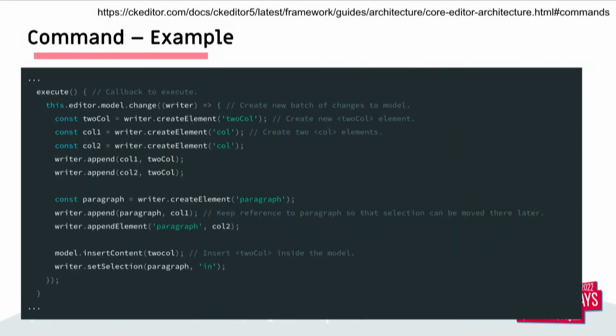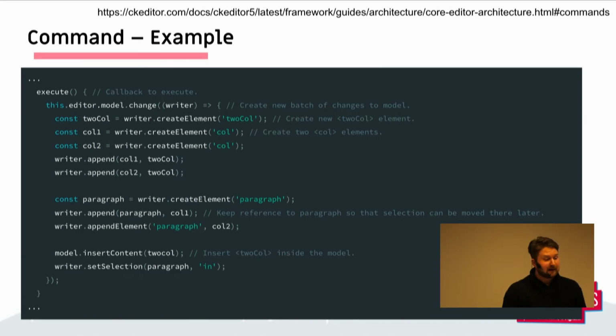Then we have the execute function, which is basically just a callback which we would run when someone wants to insert a toCall element. And this would only run if the isEnabled property is true. The command class is responsible for checking that outside of what is happening here. We're triggering a new batch of changes to the model. And why it's important to note that it's a batch of changes is that we could make multiple changes in here.